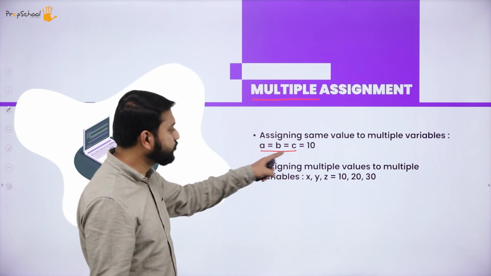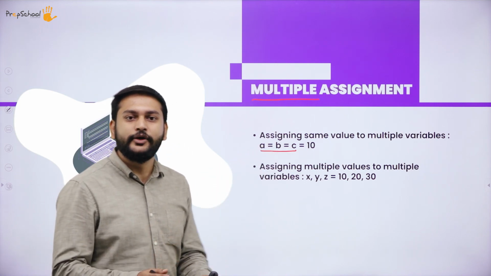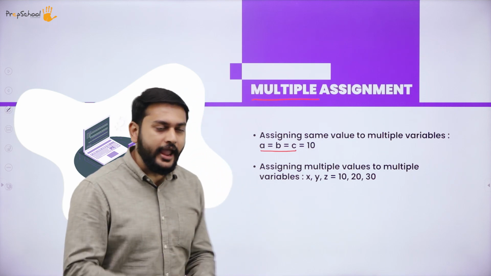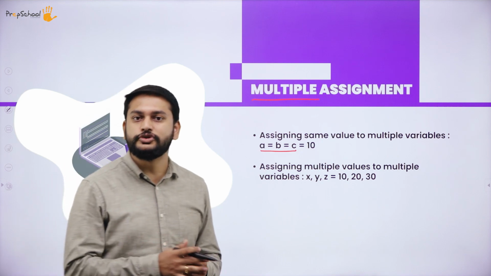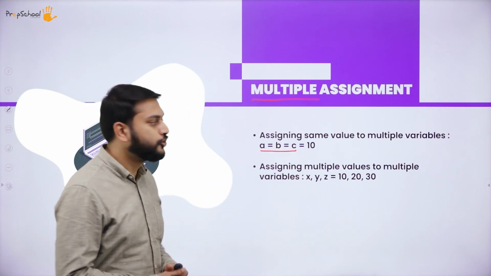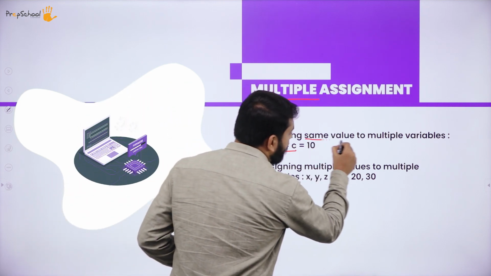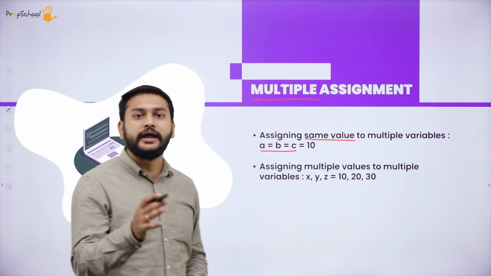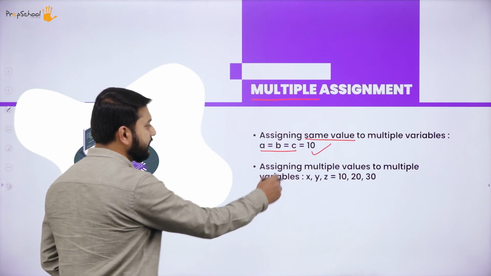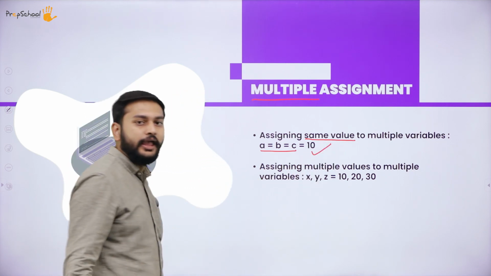Yes. For all these variables, I am directly assigning one single value. So a will have 10, b is also 10, and c is also 10. Same value to multiple variables. This is possible in Python. You can use this as a valid statement in Python.